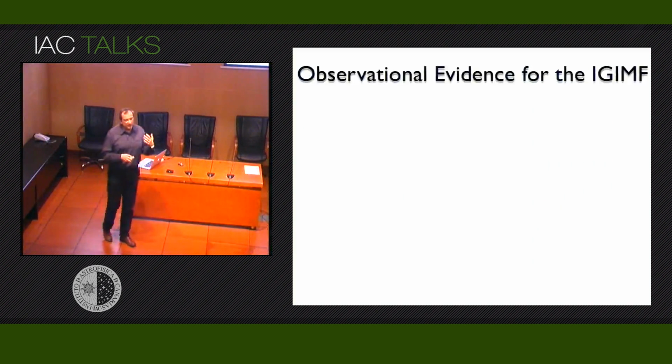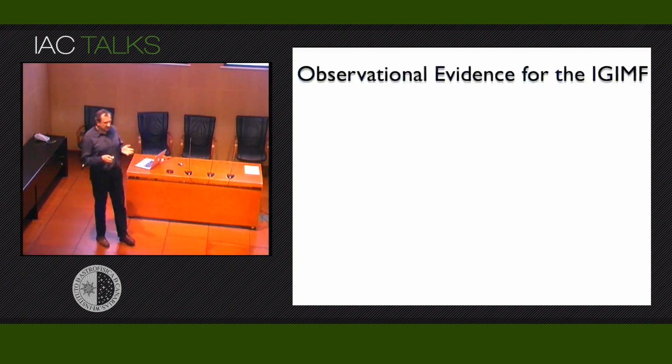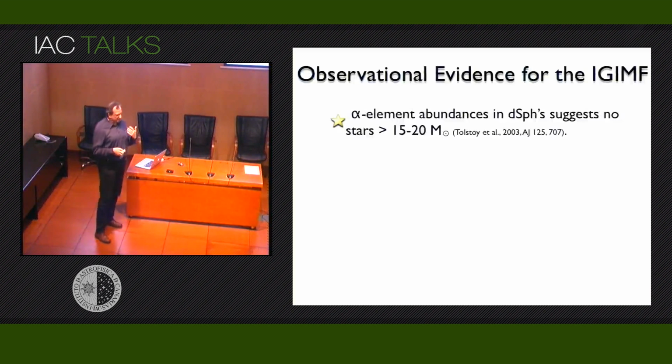And the question is, so far it's just a lot of theory, but can we observe this? And this is a little bit difficult because this integrated galactic IMF is for all stars ever formed in a galaxy, but of course we only see a present-day mass function. And it's very difficult to disentangle evolutionary effects of the stars, aging effects, from initial mass function effects.